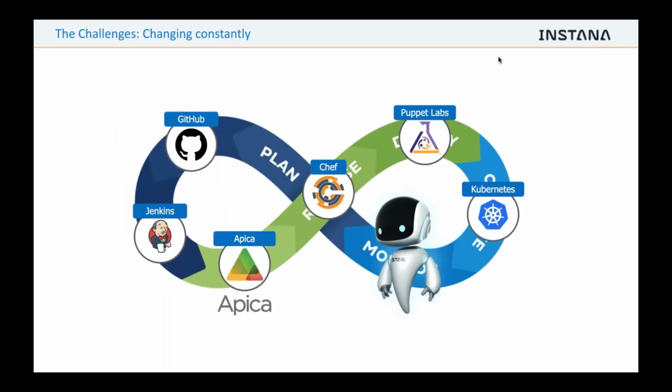As we fall into our processes, APM is a big part of our DevOps process. These are just examples of different technologies, but take a stack with something like Jenkins and GitHub, Apica for monitoring, Chef and Puppet Labs for deployment, running with Kubernetes and containers, and monitoring with Instana.